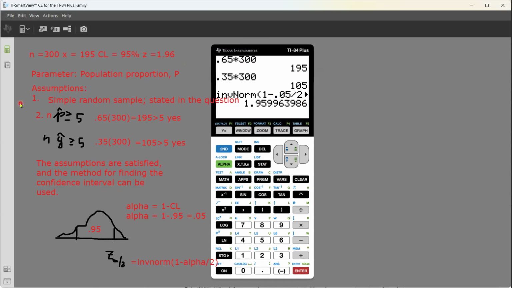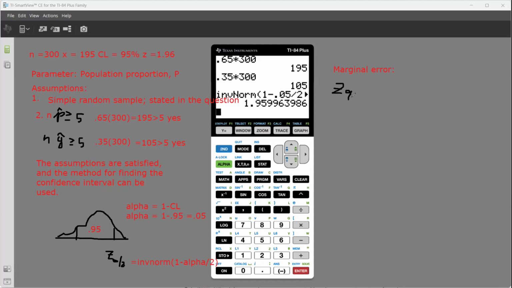First, I'm going to start with the margin of error, just because that's a little easier to find separately, and then put it in the confidence interval. So the margin of error for this confidence interval is, let me write up the formula again. It's Z alpha over 2. Remember, that is 1.96.